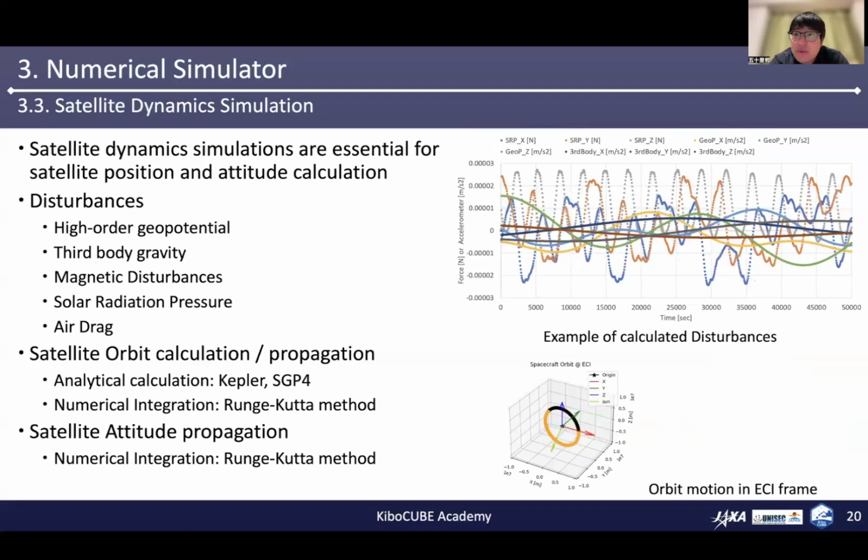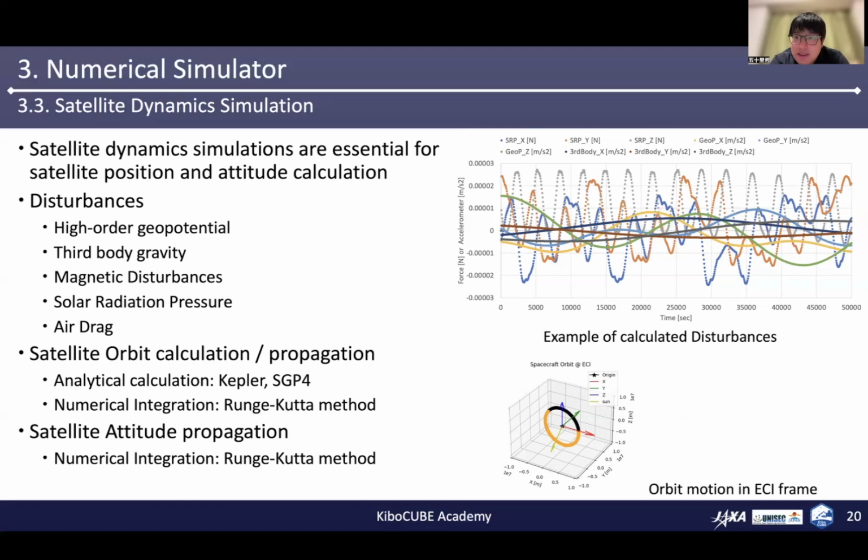And the second important feature of the numerical simulator is the satellite dynamics simulation. Satellite dynamics simulations are essential for the satellite position and attitude calculation. And to calculate the satellite position and attitude, we also need to calculate the disturbances acting on the satellite on orbit.